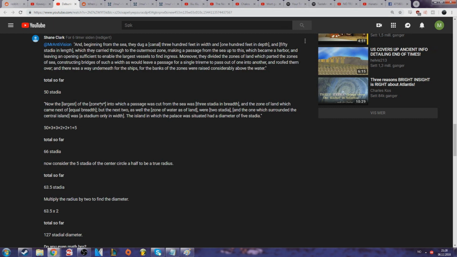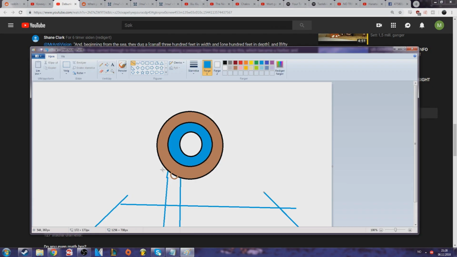Now the larger of the zones into which a passage comes from the sea, 3 stadia in breadth, zone of land, 2 stadia, so we have 5 rings. 1, 2, 3, 4, 5. Oh wow, that makes perfect sense, right? If we have 5 rings, we know exactly the distance for all these 5 rings, so we can now math out the diameter.